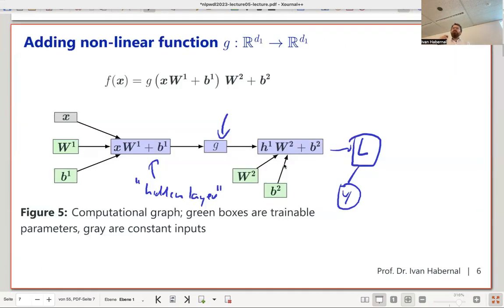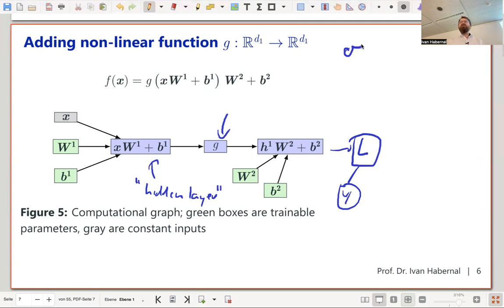Do you have any idea what kind of nonlinearity we can use? So what is a nonlinear function? Well, it's a function which is not linear, and linear has a definition. We already know some nonlinear functions. What does a nonlinear function do? It's producing something different from a line. So for example, sigmoid is a nonlinear function.